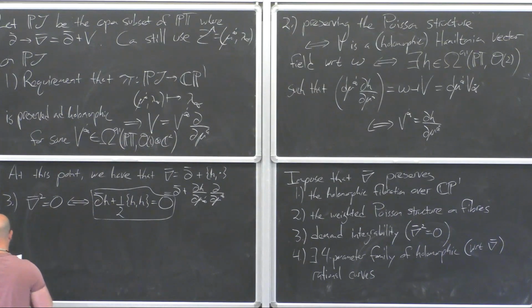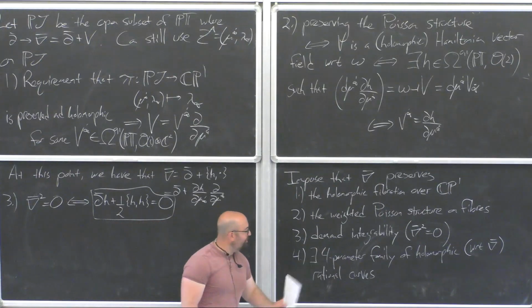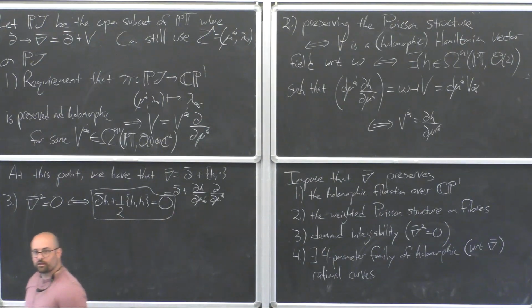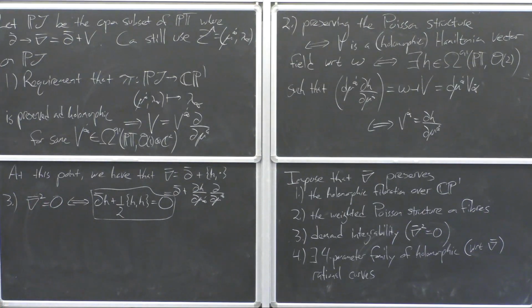So the last condition we wanted to check was that we were going to have a 4-parameter family of rational curves that were holomorphic with respect to this new complex structure that we've defined.